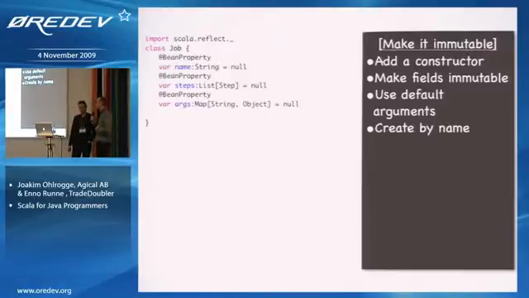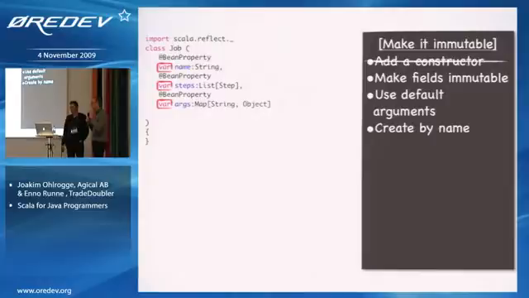So the only thing we have to do there is change a little bit. And now you see that the fields from the class became parameters to the constructor. The constructor is defined on the class. And now we get back to the variable value thing.